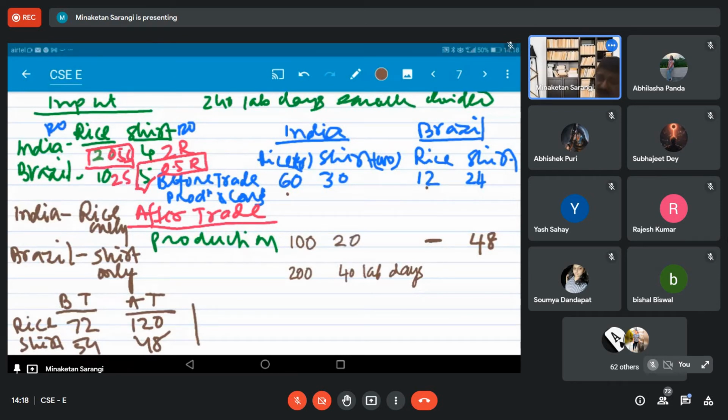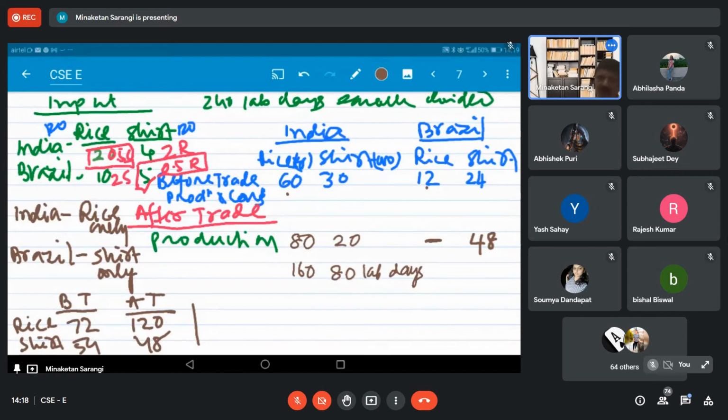For 20 units, India will require 80 labor days. So 80 of the 240 labor days are utilized for production of SAT. Remaining 240 minus 80, 160. So utilizing 160, India is able to produce 80 kg of rice. This 80 kg is also more than the total requirement of 72 kg of rice.